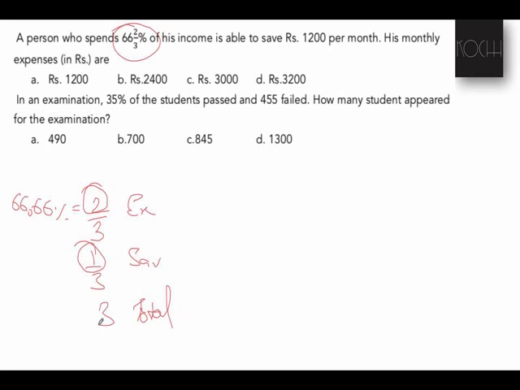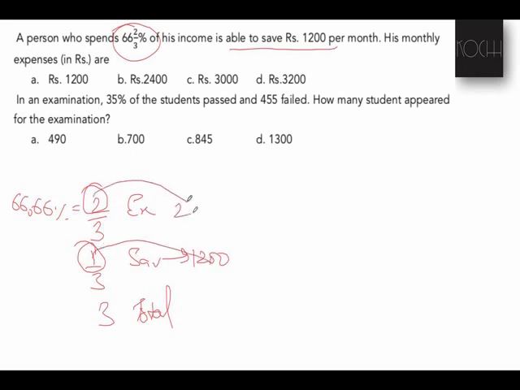So most of them use the basic formula that he would save a certain percent and that saving is this amount, then they will find the total amount, then they will find the expenses. But do we really need to do that? Please think over again. So now if two parts are expenses, one part is saving, three parts is total. Now the question says he is able to save 1200.